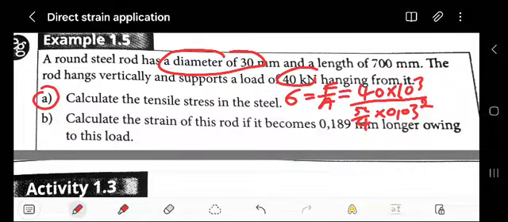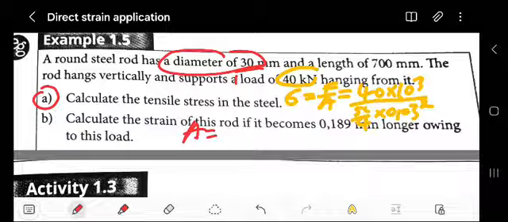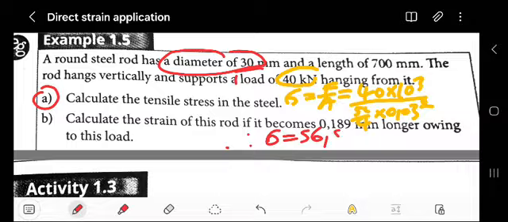Remember, 30 millimeters divided by 1000. Do not forget to square that, because the area of the circle is like this, right? So punch that, and you get that the tensile stress simply equals 15.6588 megapascal.